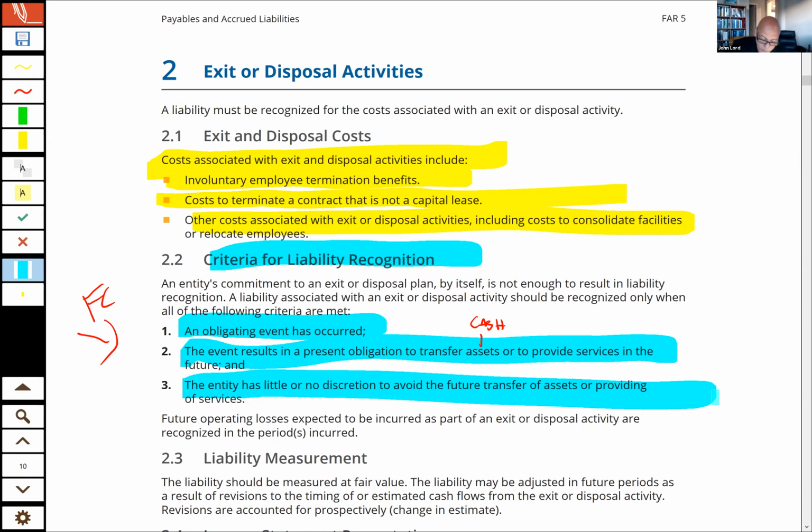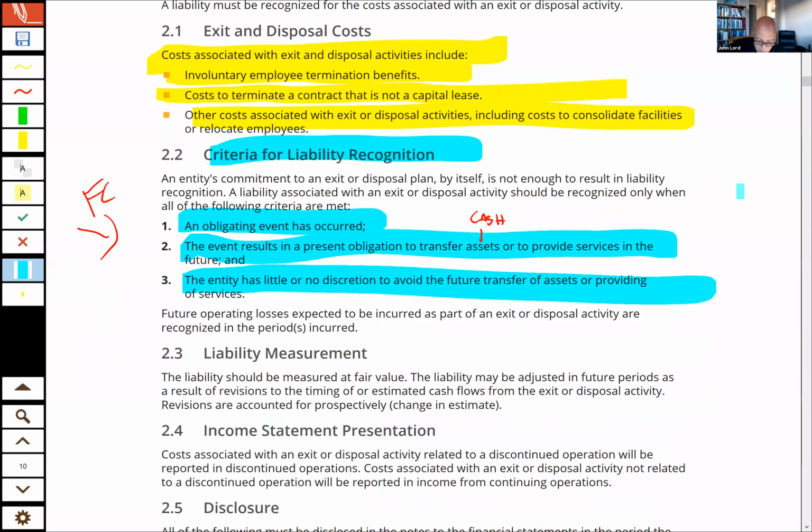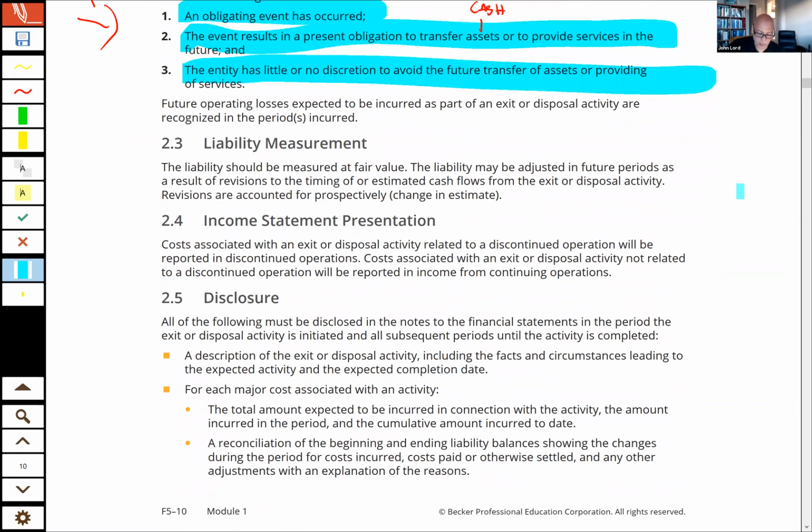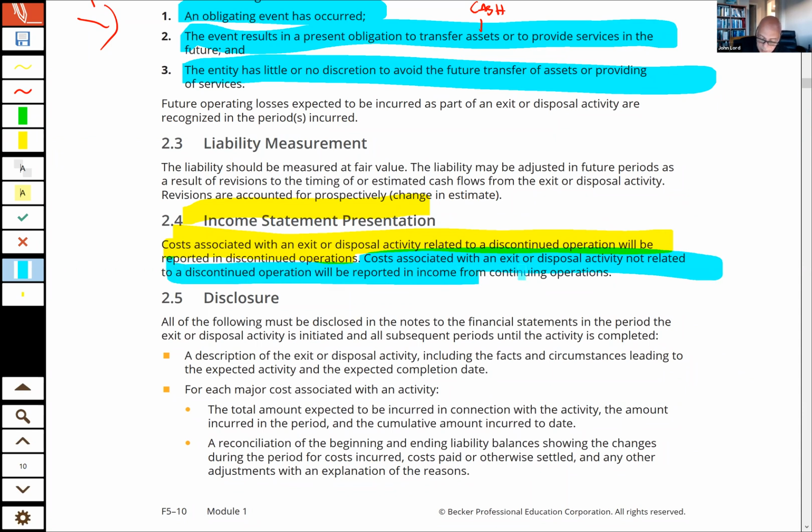Now, how will I recognize the liability, the income statement presentation for that? Costs associated with an exit or disposal related to discontinued operations will be part of my discontinued operations, part of my income statement, right? Costs associated with continuing operations are part of continuing operations.